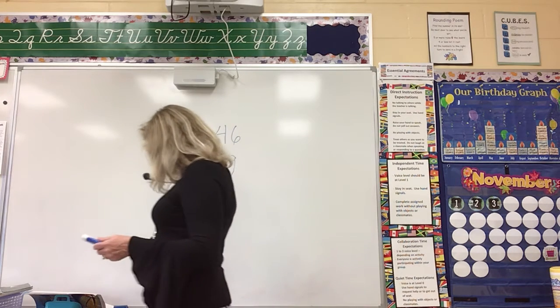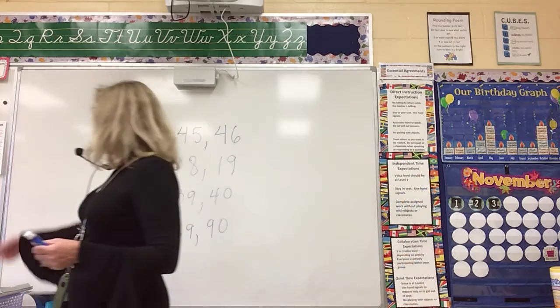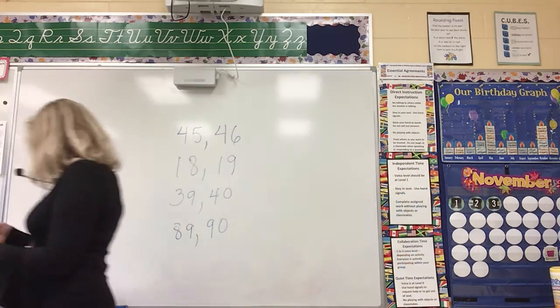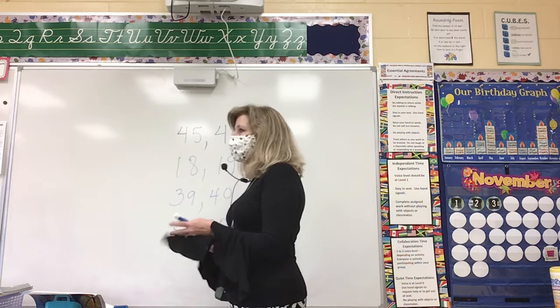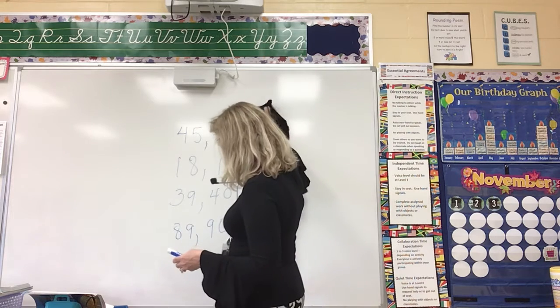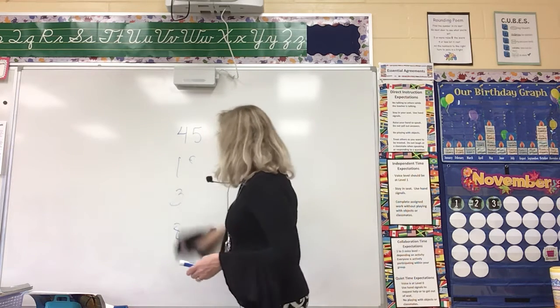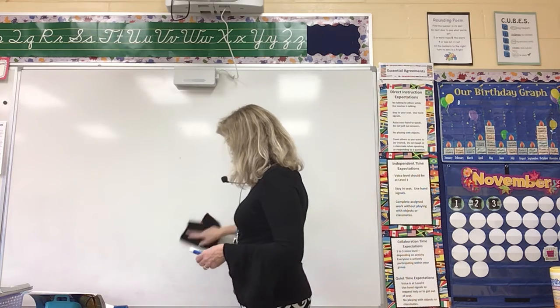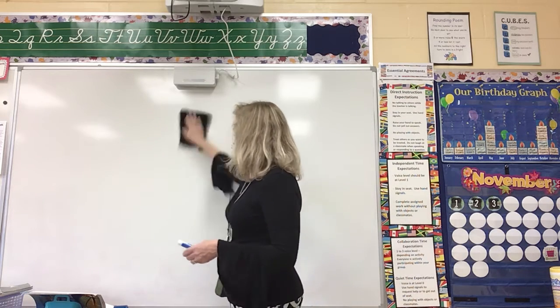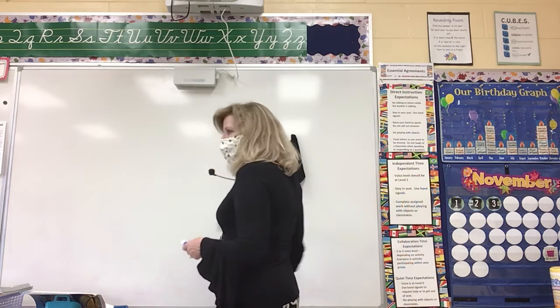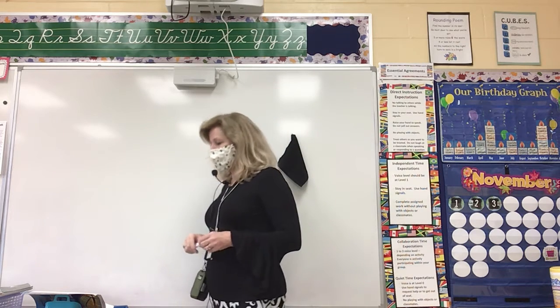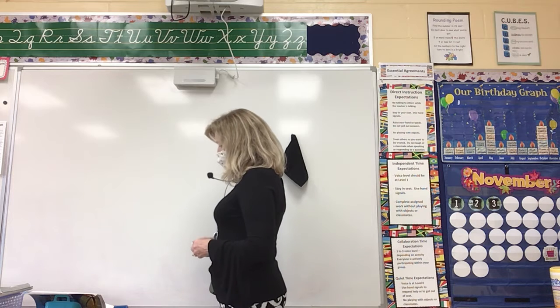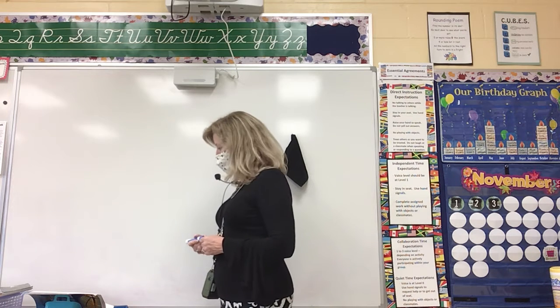What about number 6? Juju. 26. What about number 7? Vivian. 50. Number 8. Stephen. 78.